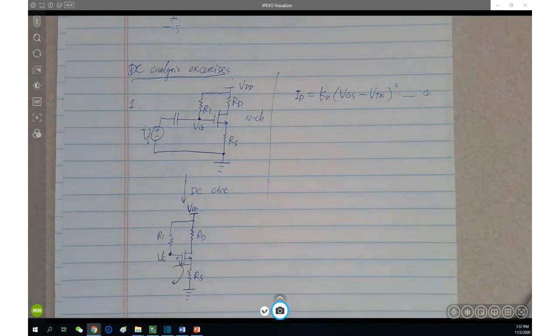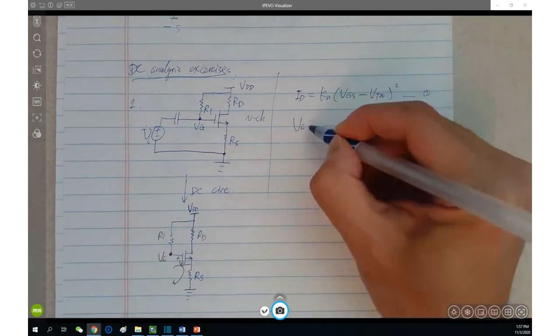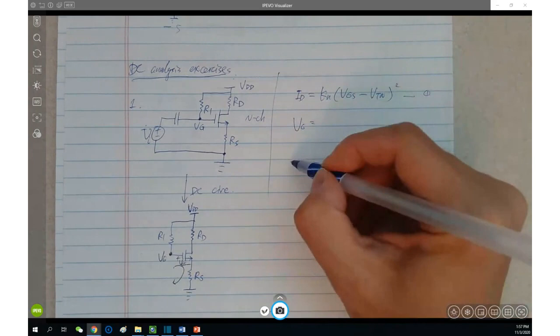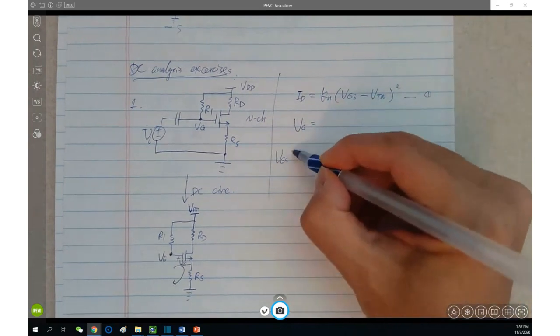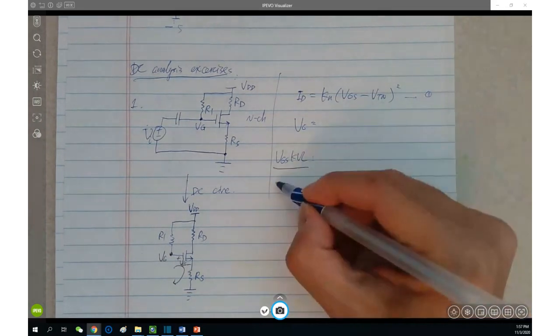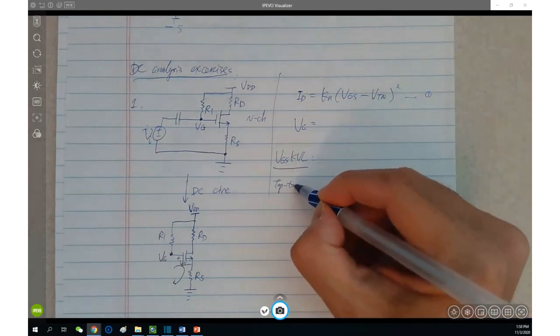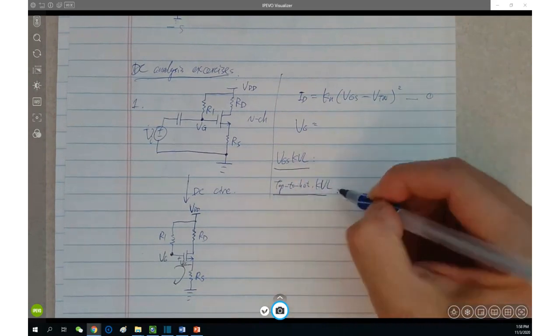So VG equals what? Can anyone tell? VG equals what? And then the VGS KVL will be like what? And then the top to bottom KVL will be what?